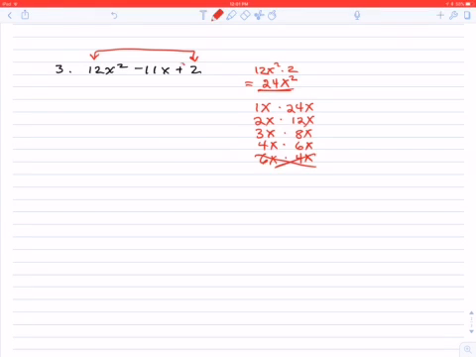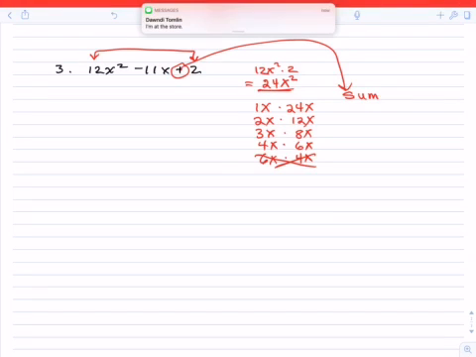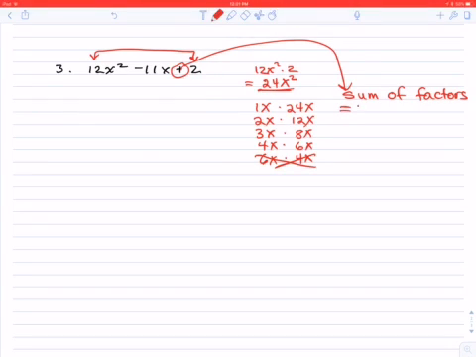Now look at this last sign. Since the last sign is positive, I'm looking for the sum of the factors equal to the middle term. Okay, well, I need the sum of the factors to equal 11. So 3 and 8 will do it. Now we have to adjust the signs.